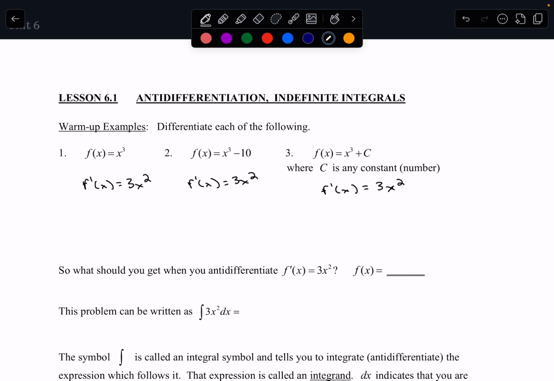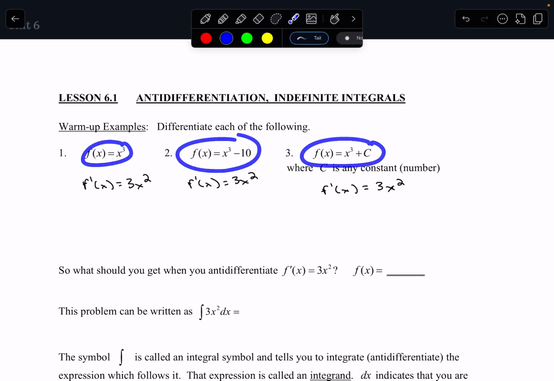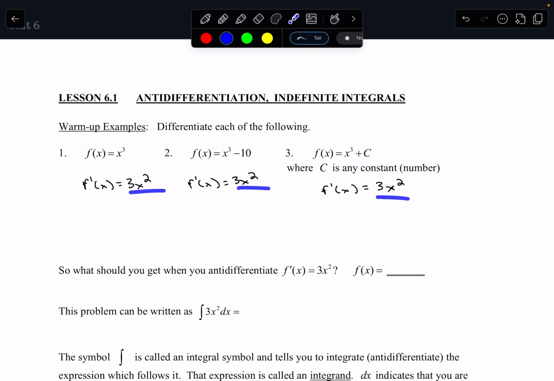And this is something that we have to be really careful of when we're going backwards, because even though these functions started out very different, we took the derivative and they look like they're the same function. But obviously they're not. There was something that got lost when we took the derivative that we need to be careful of going backwards.